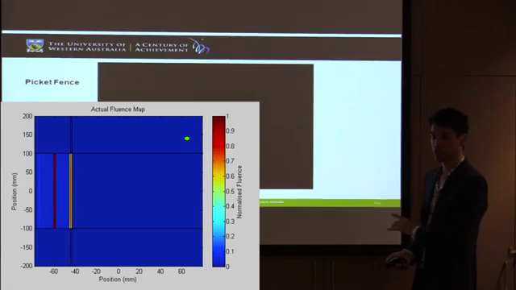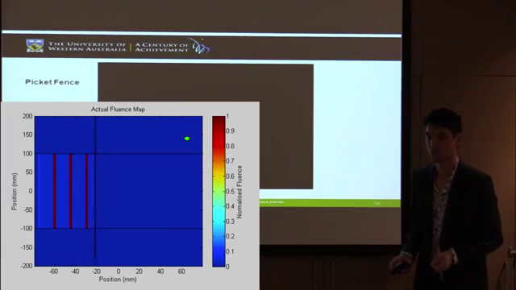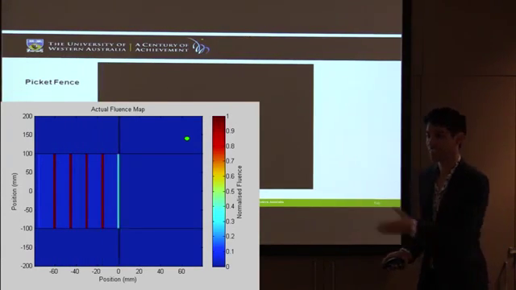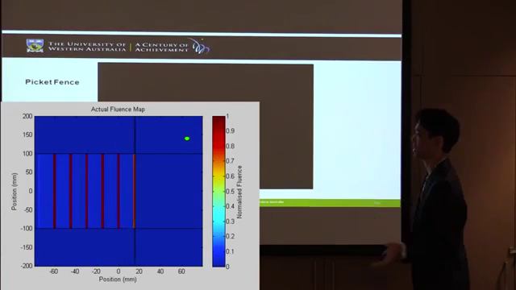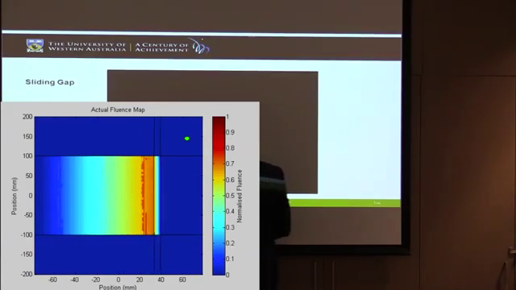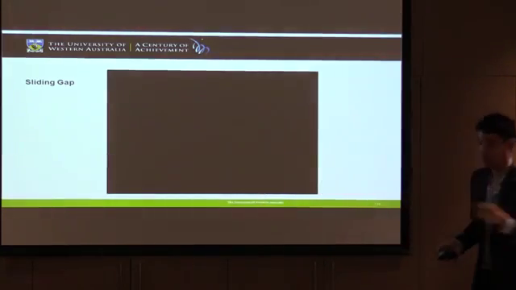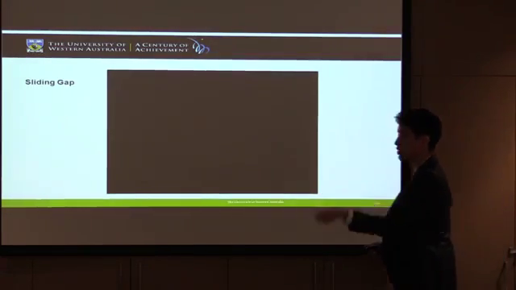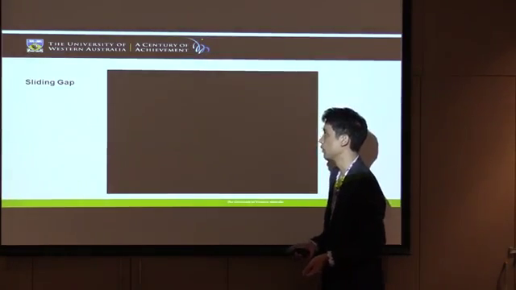I was originally going to show, but I'm sure you all know what picket fence is. The leaves move in a picket-like fashion and pickets appear. Sliding gap is pretty much the same, so you've got bank A and bank B going across the screen, with a constant gap between the two.